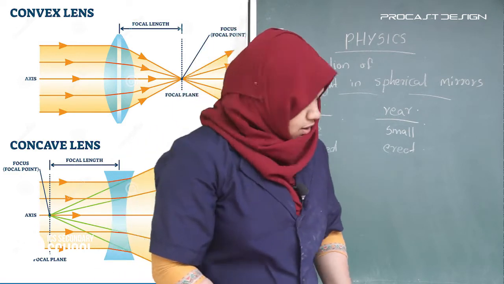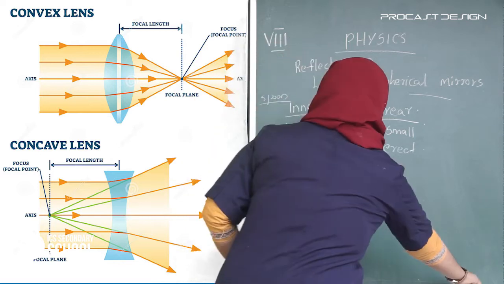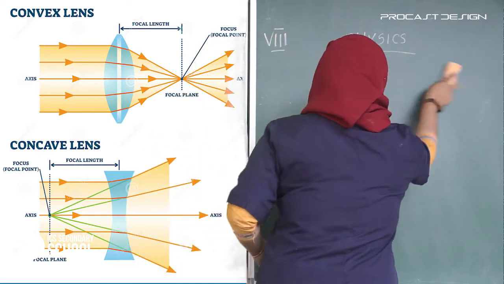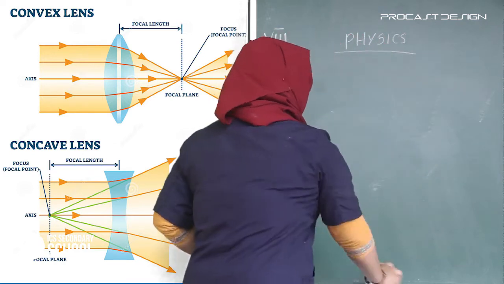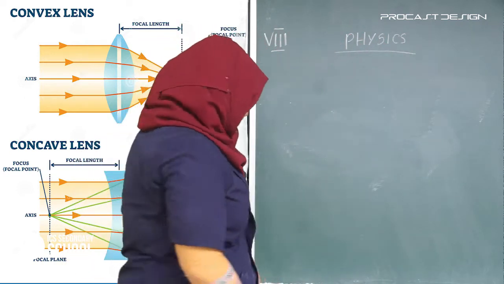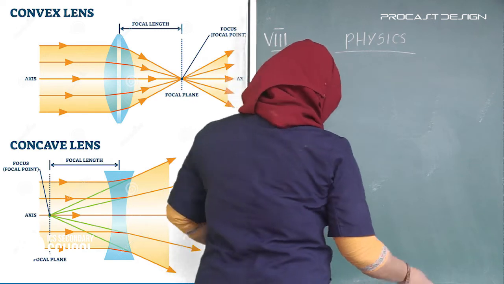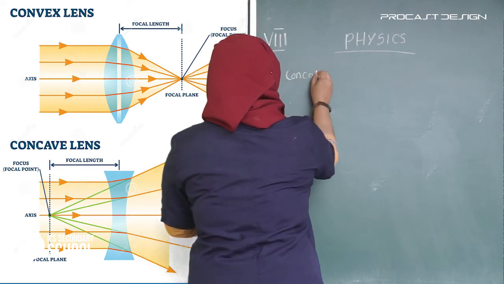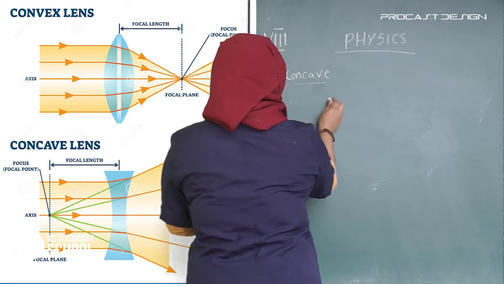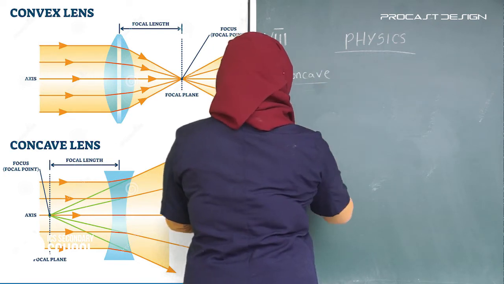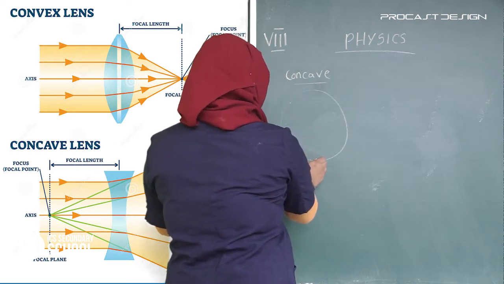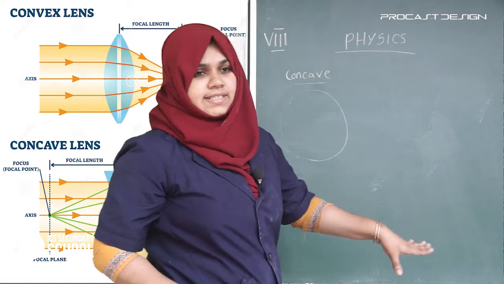All of you look here. Spherical mirrors: first, the concave mirror and the convex mirror. How can this concave mirror be drawn? Here we said that it is a part of a sphere. A part of a sphere has an inner side and an outer side.